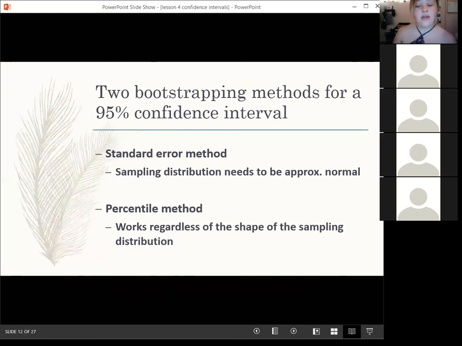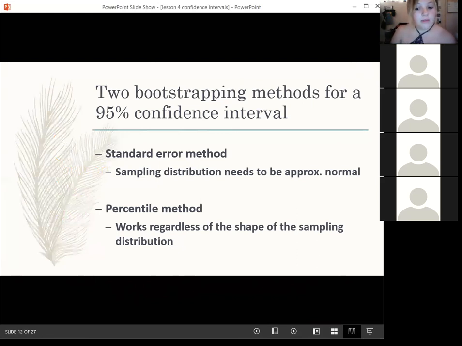Our standard error method is when your sampling distribution is approximately normal, you can use this one. And this is just a matter of changing the method on StatKey. Percentile, you'll just leave it as what it is, and I'll show you some examples of that.